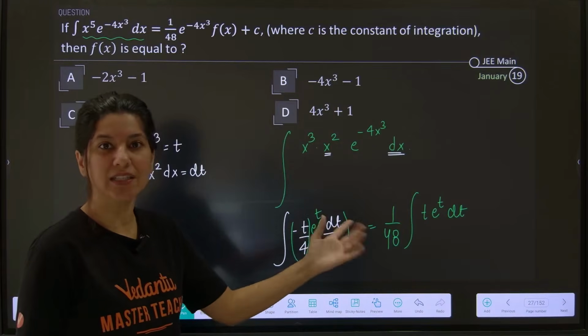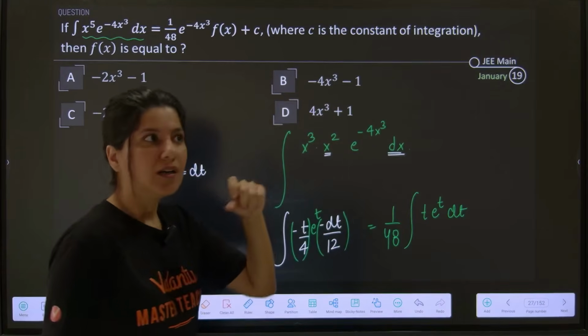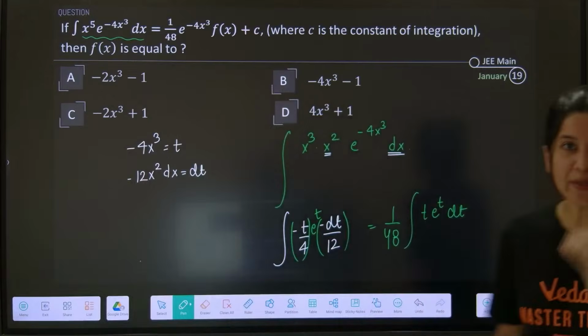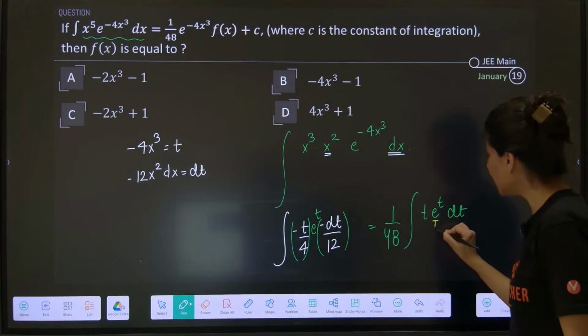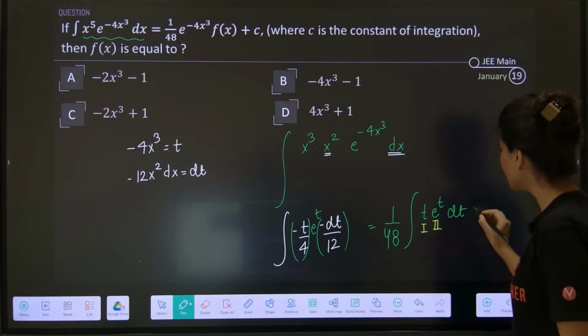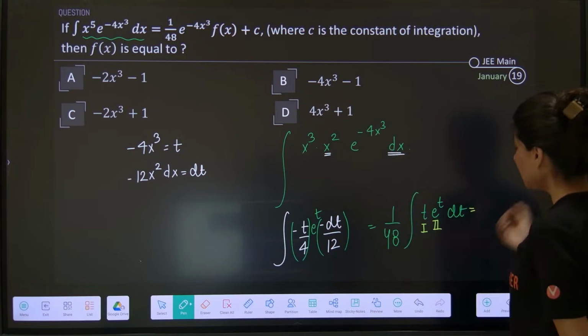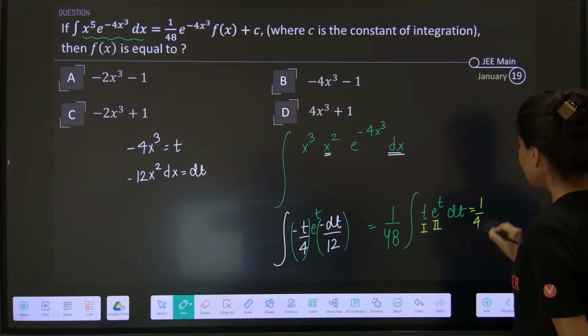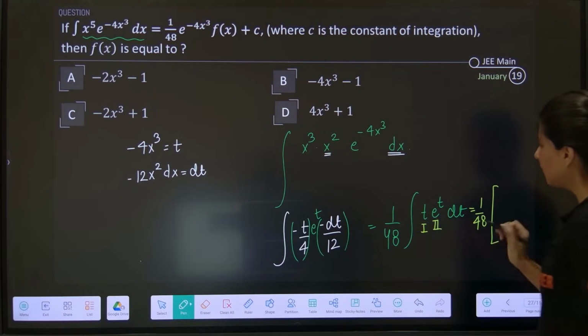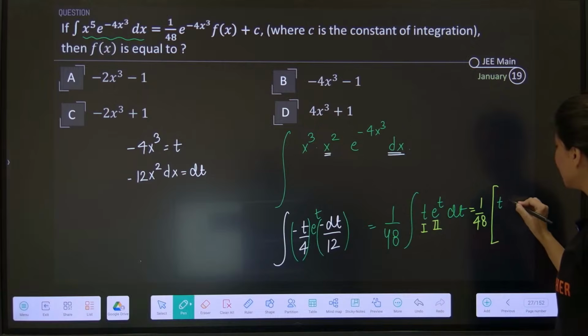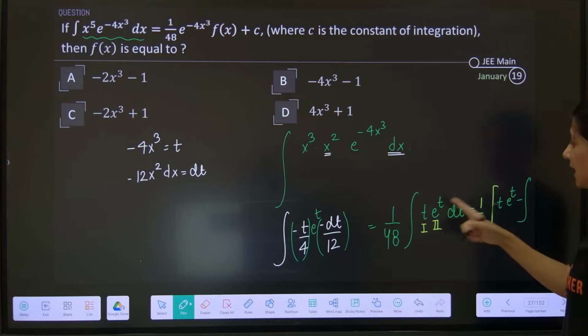T e power t. So by ILATE rule, exponential will become last. So this is my second function, this is my first function. Now 1 by 48 is there already, I will keep it outside. Start integrating. First function constant, integration of second function minus integral of derivative of first.